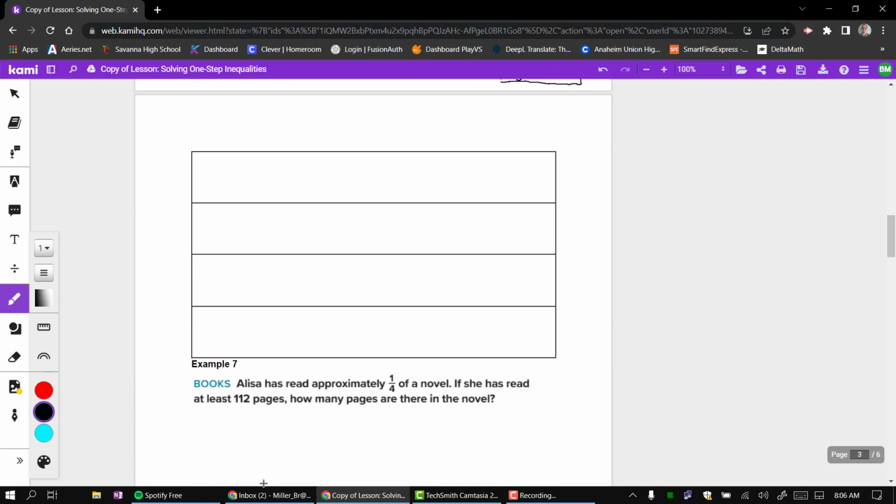All right, let's do a little bit more defining. So if each side of a true inequality is multiplied by a positive number, the resulting inequality is also true.